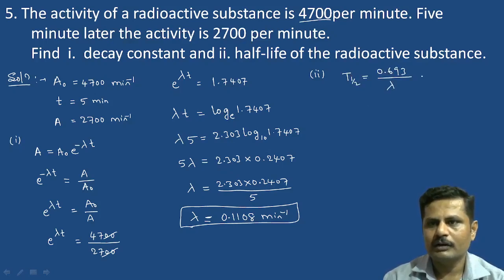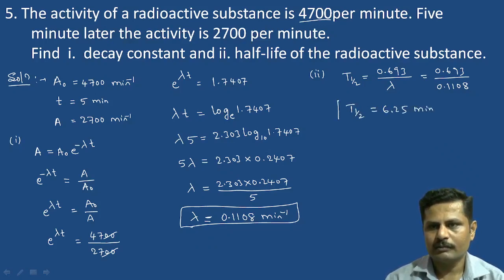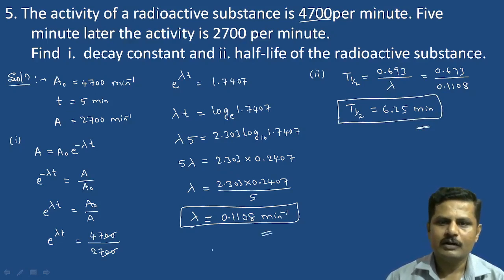We know the lambda value is 0.1108. On simplifying this, we get T half equals 6.25 minutes. This is the half-life period of the radioactive substance.